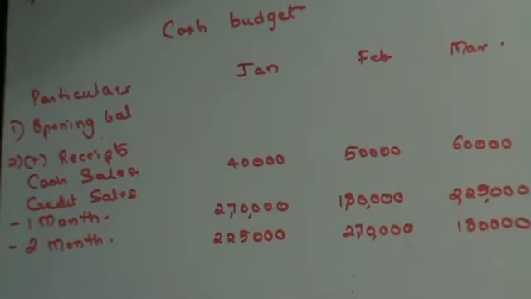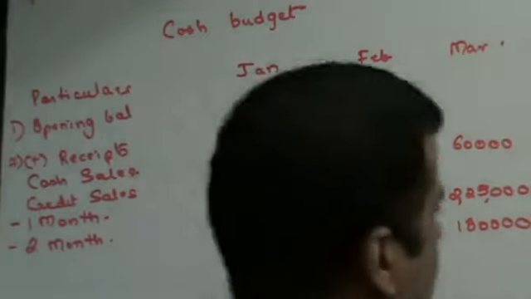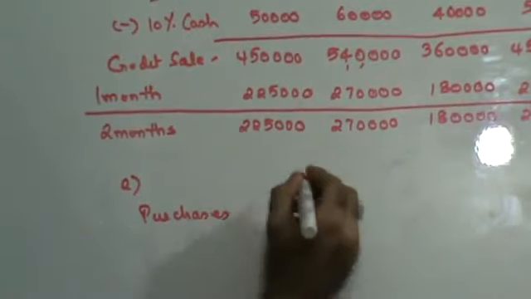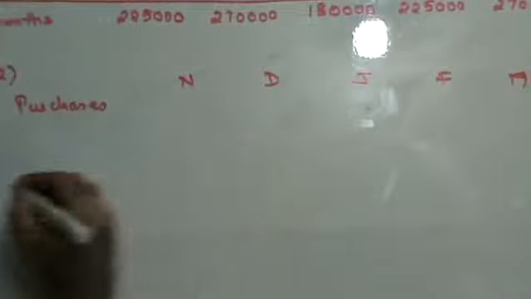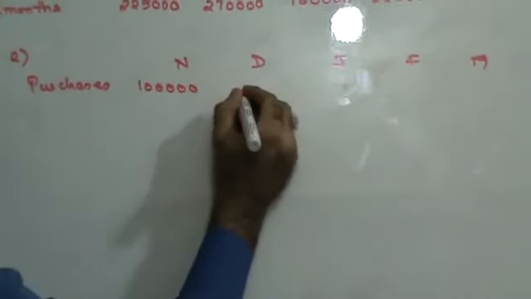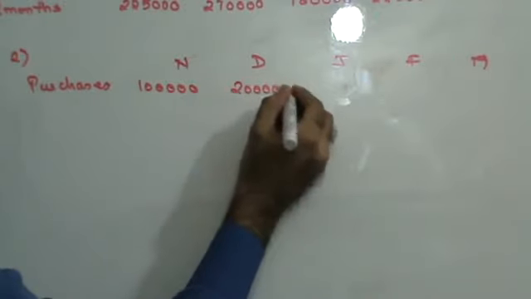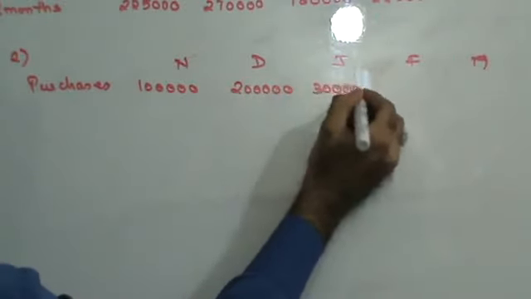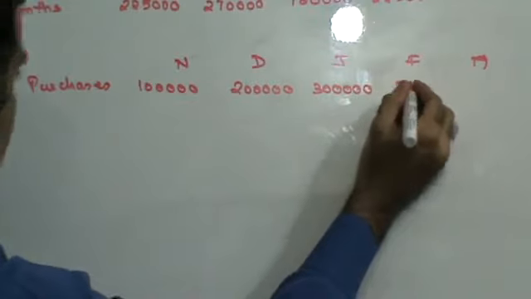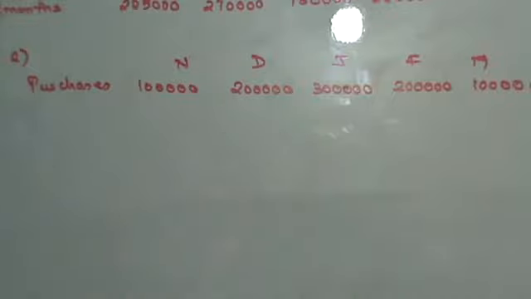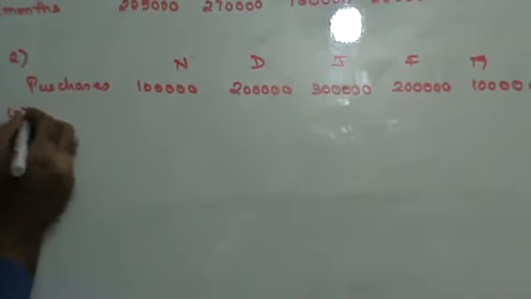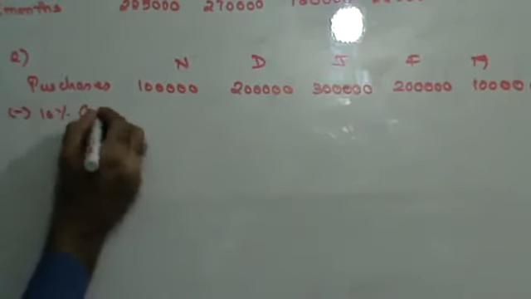Next, 10% of the purchases are for cash. Working note 2. Purchases for November, December, Jan, Feb, March are given to you as 1 lakh, 2 lakhs, 3 lakhs, 2 lakhs and 1 lakh. Right? Next, 10% is for cash.